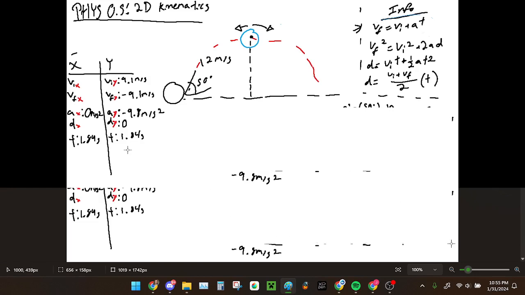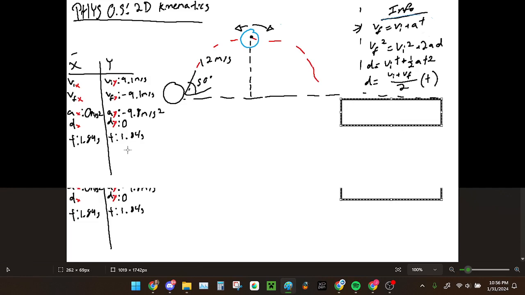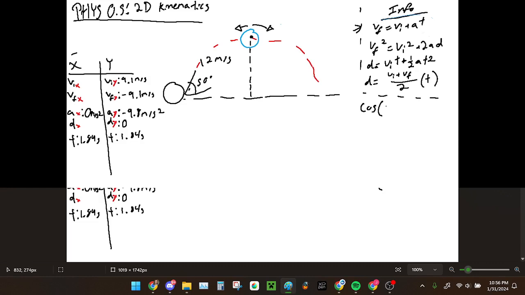Our next step is to find the x component of this whole system. We want to do cosine 50 degrees times the 12 meters per second.